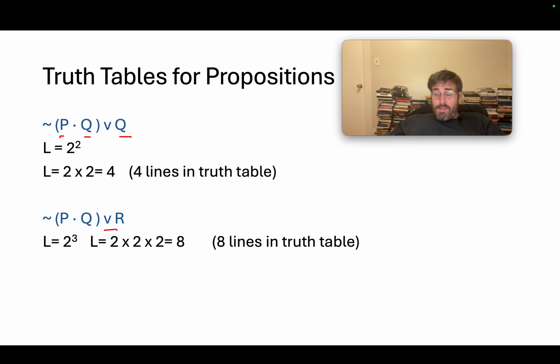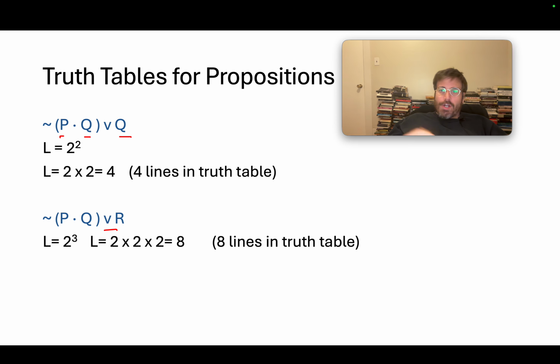So these can get quite long quite quick, right? So most of the time we're either going to be working with truth tables of 4 lines or 8 lines moving forward. But for any complex statement of 2 variables, we will always need 4 lines in the truth table. And for any complex statement of 3 variables, we will need 8 lines. So that's always the formula, and there's nothing that changes about it, depending on circumstance.